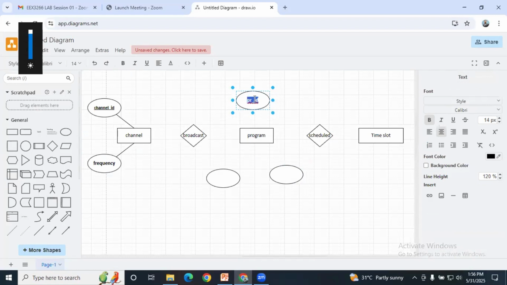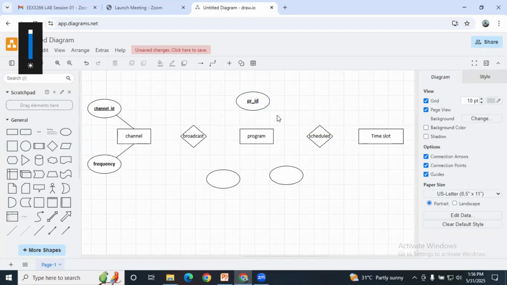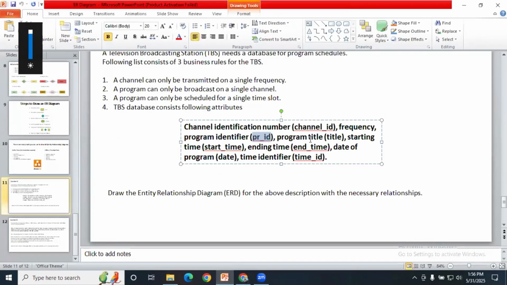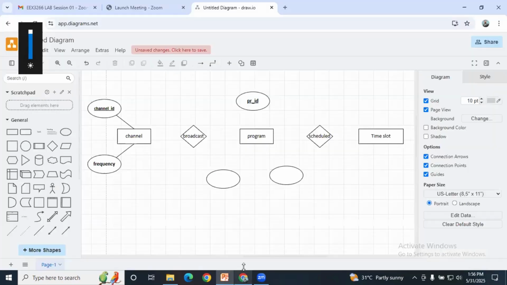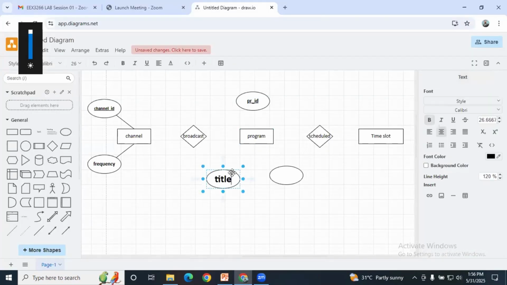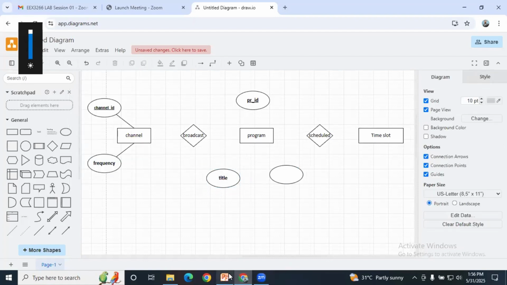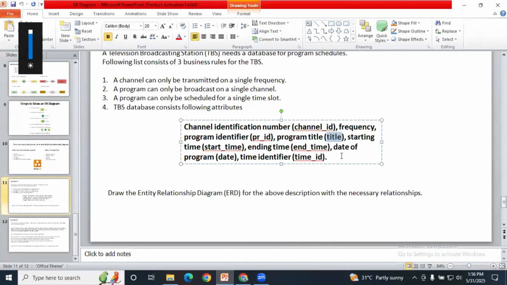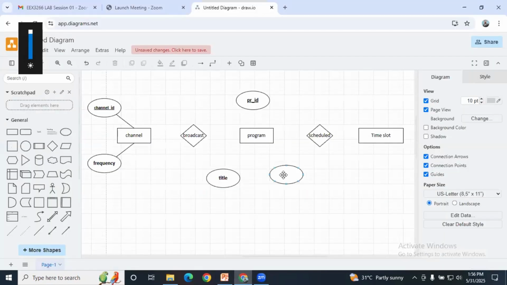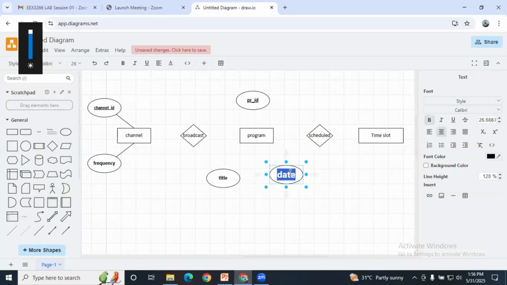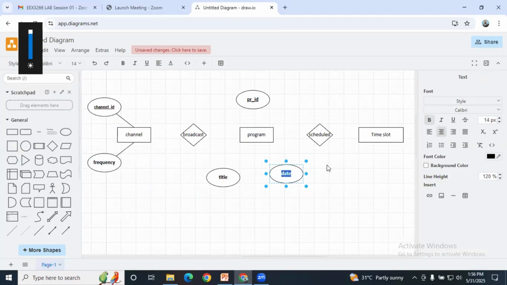It is unique, so we can underline it as the primary key PRID. So next thing is program title. So you can get title as the attribute. Next thing is date of program, or date. So you can assign it like this. Okay.